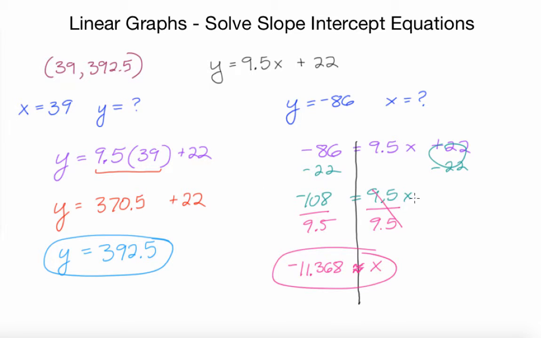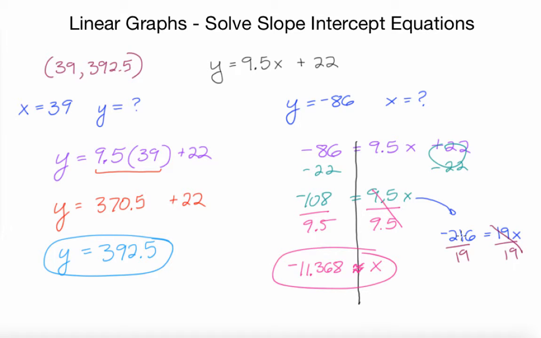So if I go to this equation and multiply both sides by 2, we get negative 216 equals 19 times x. Now let me divide both sides by 19. So we've got x equals negative 216 divided by 19.